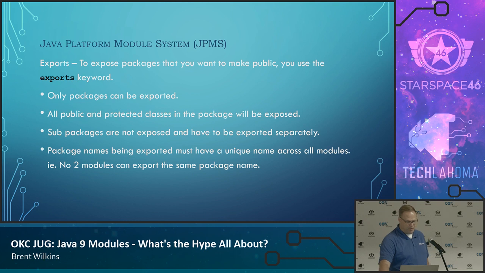They're trying to protect against that by making you uniquely name things. Now, there are going to be clashes out there. I mean, how can one person developing on one side of the world not know that somebody else on the other side of the world may have used the exact same package name, exact same class name? It just means that you cannot put both of those jar files on your module path for your application because of the clashes.